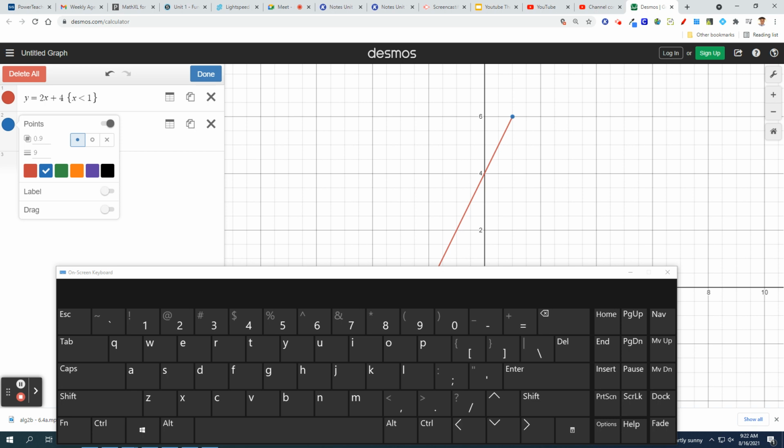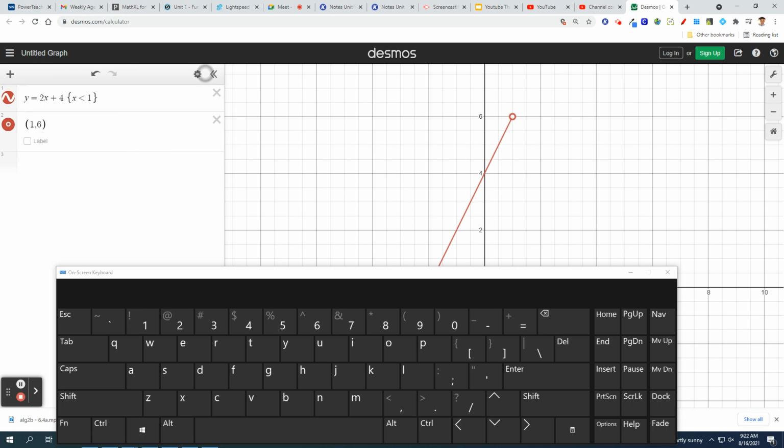Okay, I'm going to change it to an open circle like this. And I'm also going to make it red. And I'm also going to blow it up. Let's make it size 15. So it's an open circle. That open circle means we don't count that point right there. Okay? We don't count that point right there.